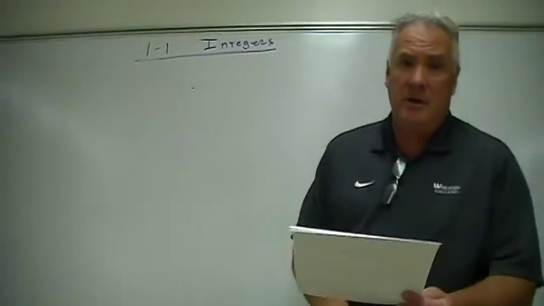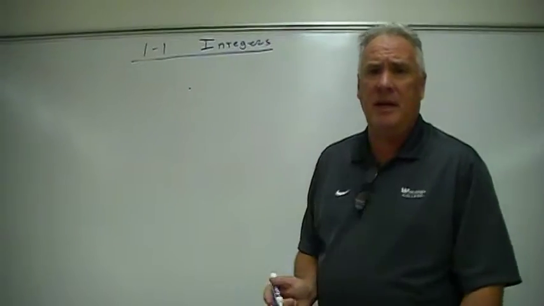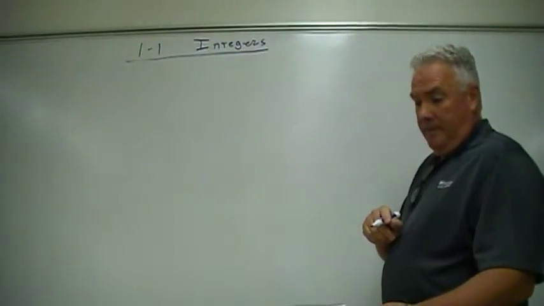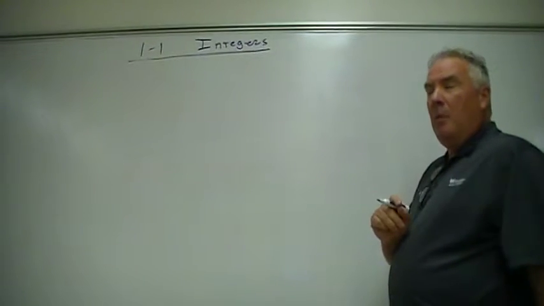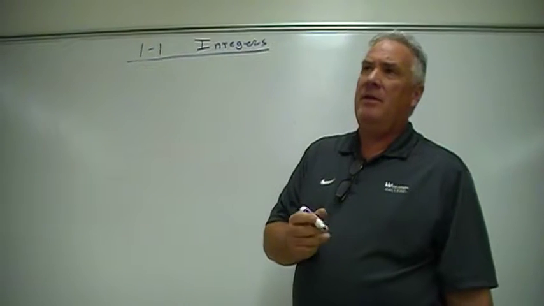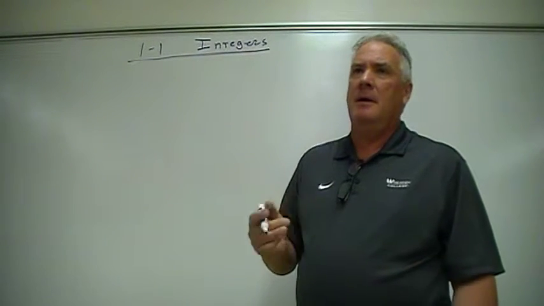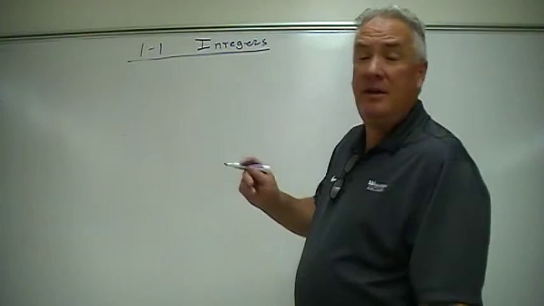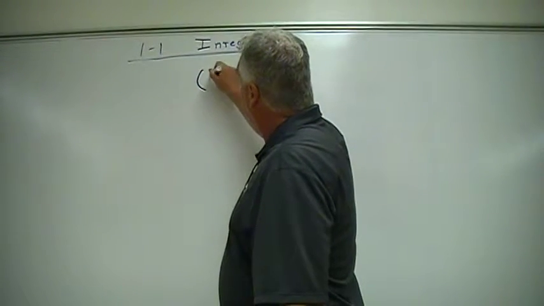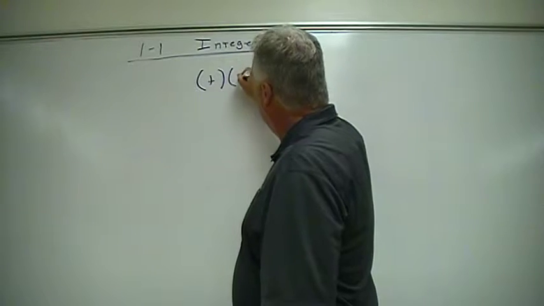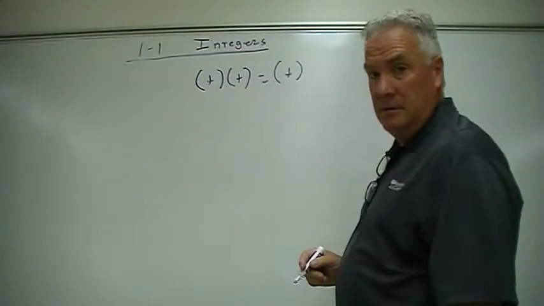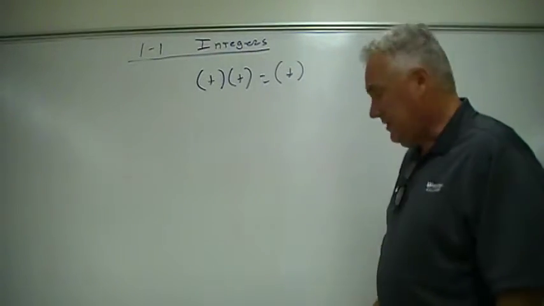Lastly, we will be doing multiplication and division. And I've given you the rules. We don't really care about the numbers; all we need to do is do the math and figure out the sign. Positive times positive equals positive. What's an example of that?